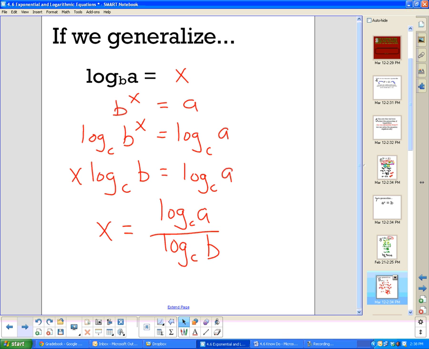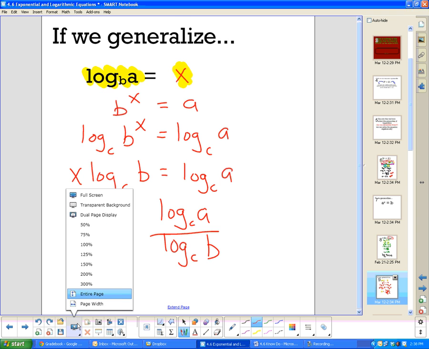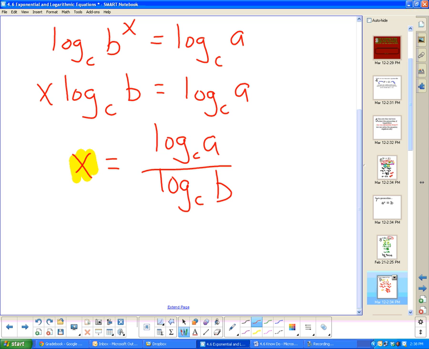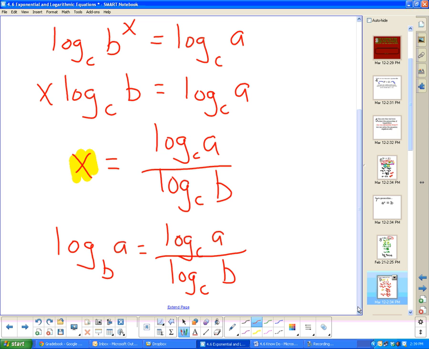And I'm almost there. All that's left to do is remember that I had set this x equal to logarithm base b of a, so I can undo that substitution. And so it'll be logarithm base b of a is equal to logarithm base c of a over logarithm base c of b.